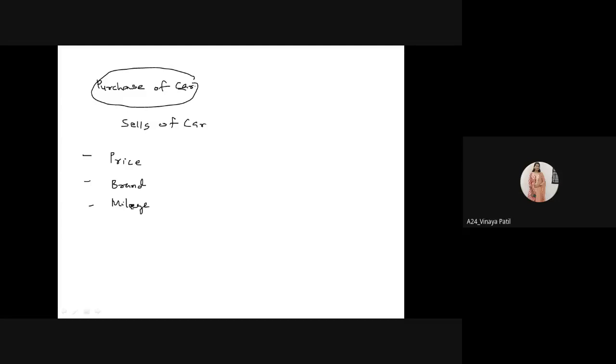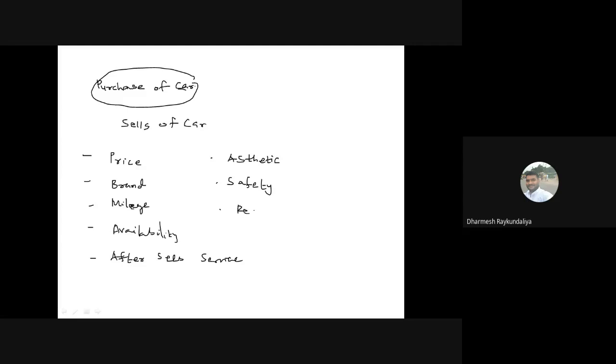Then availability of spare parts, after sales service, and the look of the car, the aesthetic, which includes color and design. Safety features, resale value, speed.